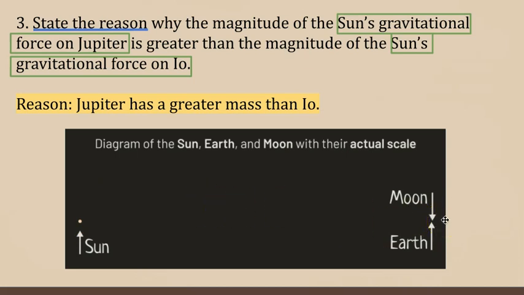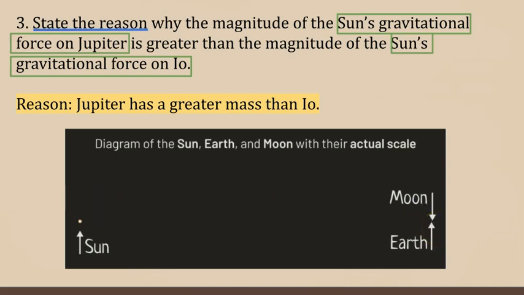They're so close to each other. It's going to be the same thing for the sun and Jupiter and one of Jupiter's moons. A moon and a planet are so close together compared to the distance from the sun that you wouldn't really be able to tell when you're looking at it on a scale diagram if the moon is closer or the earth is closer. There's barely a difference, so we don't really worry about it.